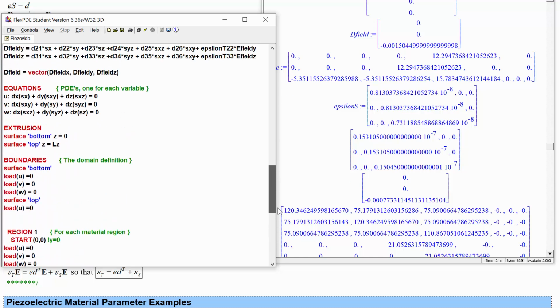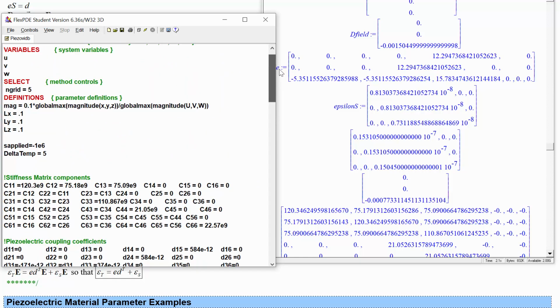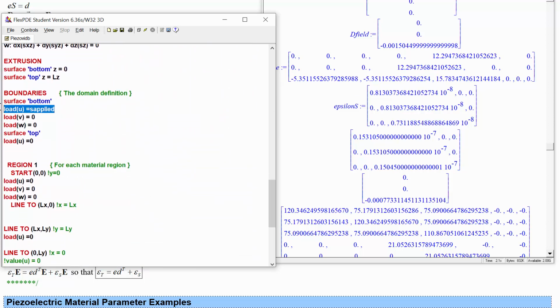Now, we can get an XZ strain happening by taking, on the bottom surface, load U is S applied, I think we called it earlier. We have this applied stress ready to go, 1 megapascal. I'd say compressive, but we're going to apply a shear stress, so negative 1 megapascal stress.